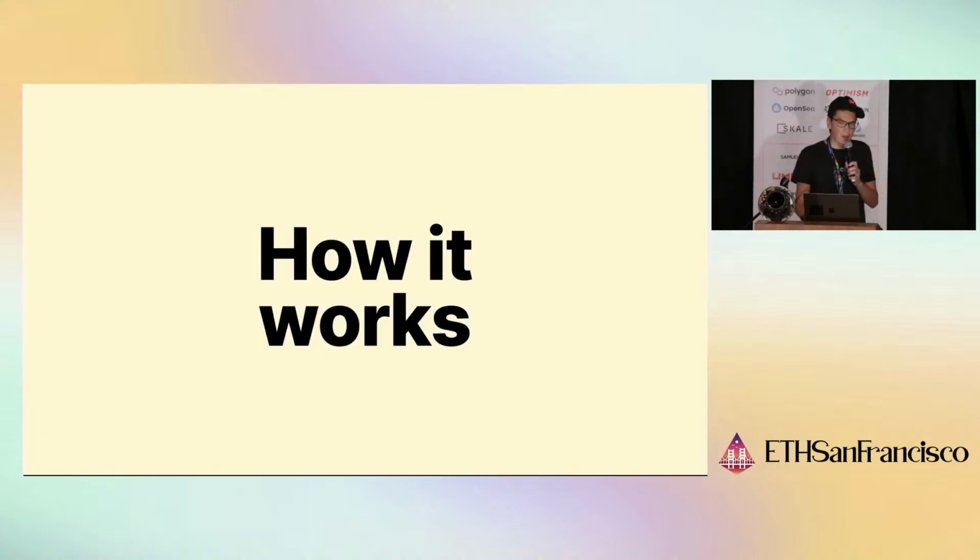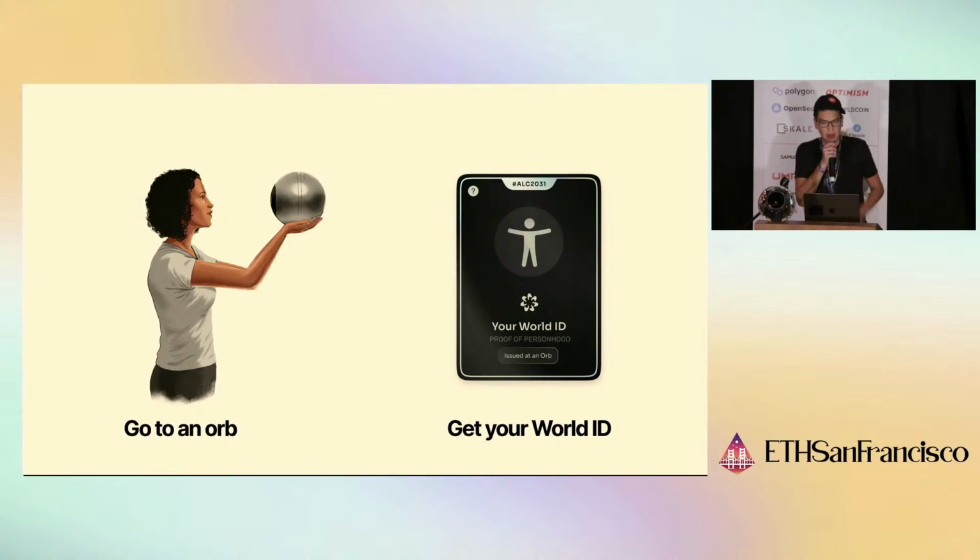So now I'm gonna get into a little bit of the technical details. The protocol is a little bit complex on account of the zero-knowledge stuff, but we've abstracted most of this complexity to make it easy to build on top of it. So from a user's perspective, first, the user goes to an orb. The orb does this check I mentioned, and then issues a World ID.